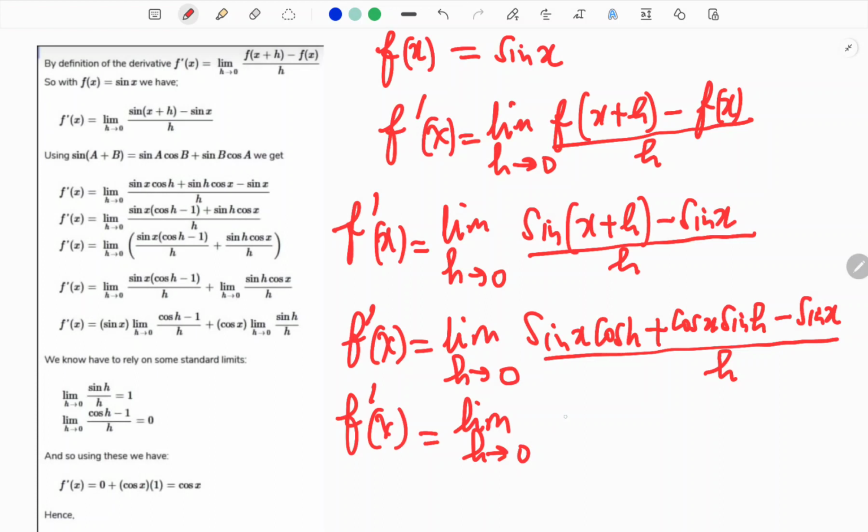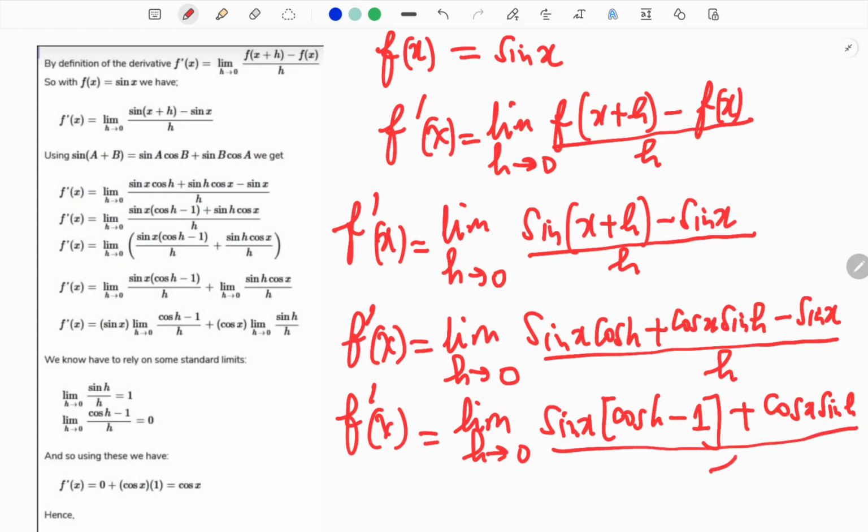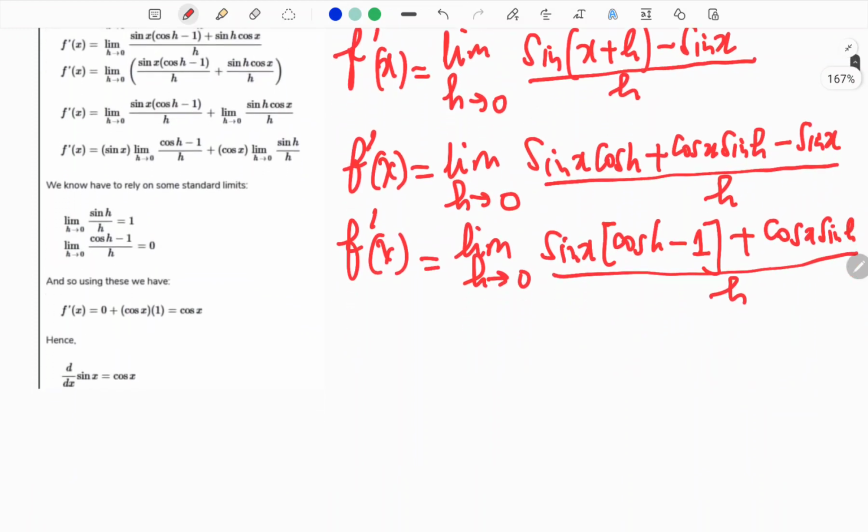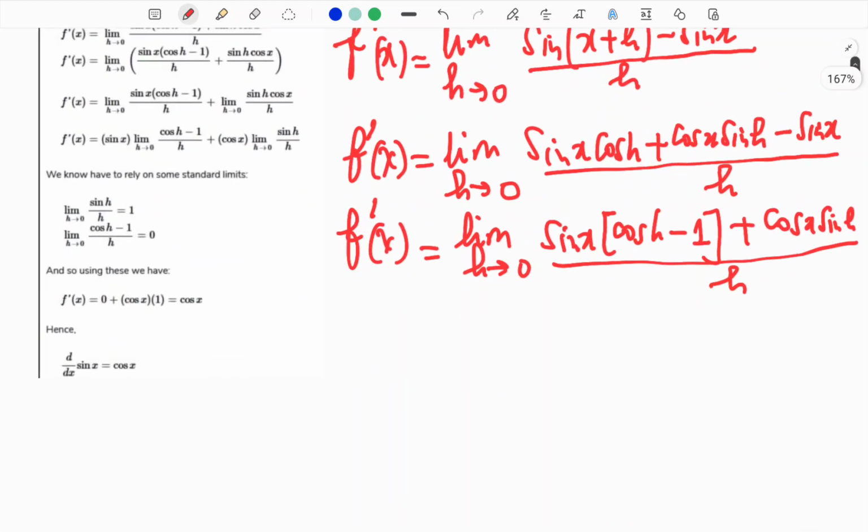So we factor out the trigonometric sine of x, and if we do so, we are left with, from the first term and the last term, the cosine of h minus 1, upon factorization by the common factor sine x, plus cosine x times the sine of h, and this is divided by h like this. Okay, so this is exactly what we get.